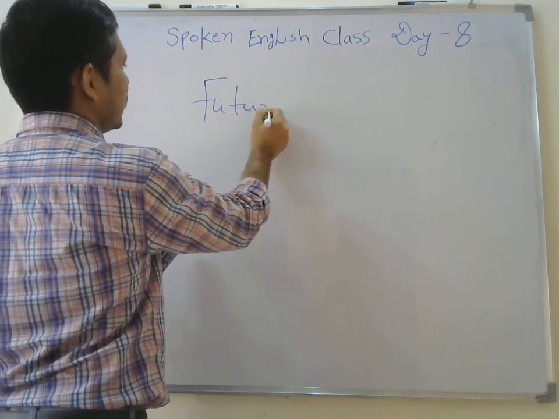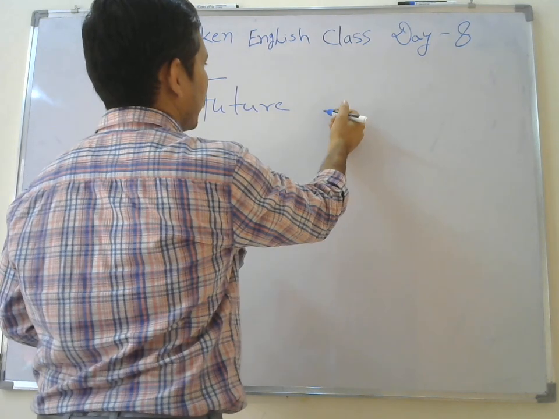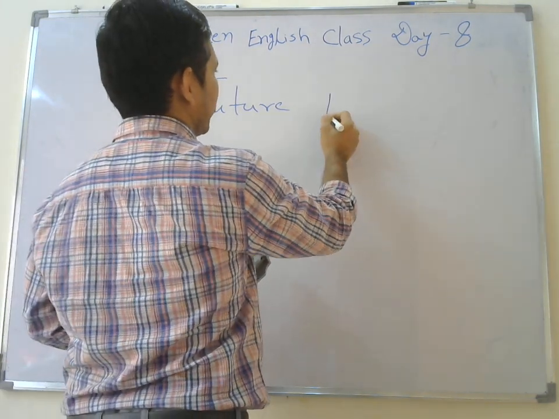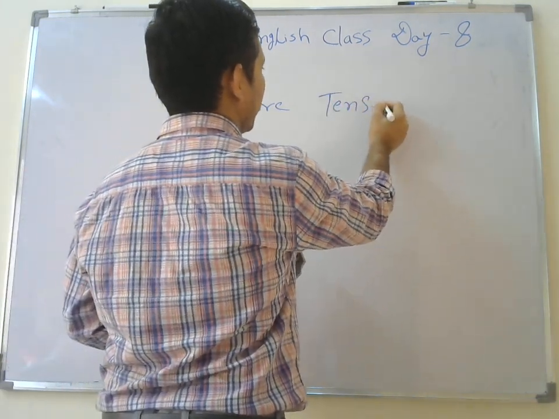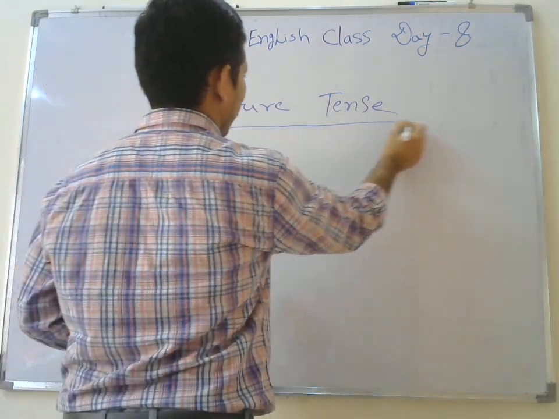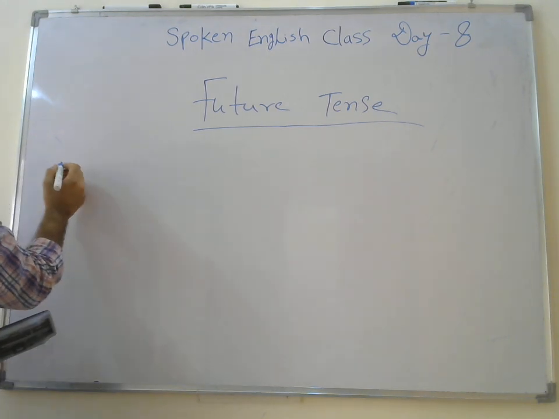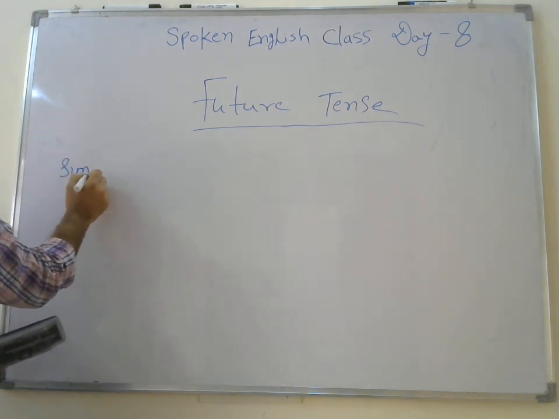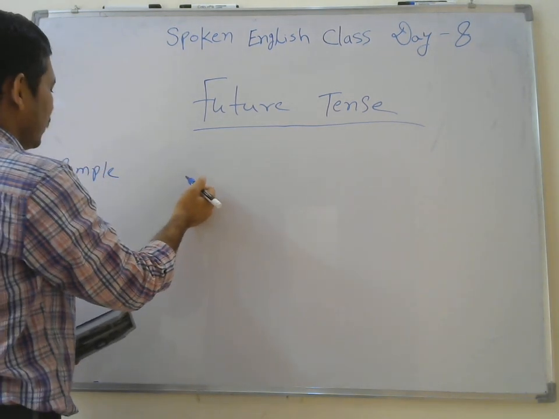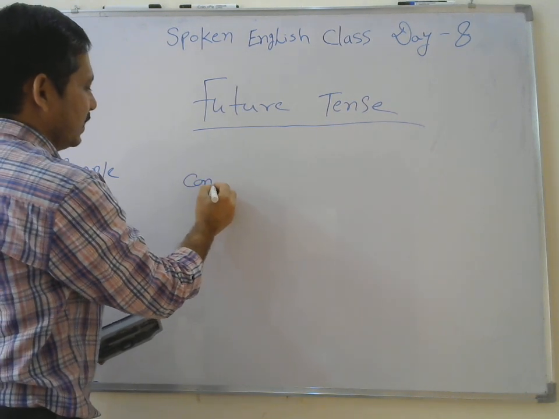So your future tense. Now we'll study future. We have come to future. We will come in future. So this tense also has 4 types. Okay, future indefinite or future simple tense. Then future continuous tense.